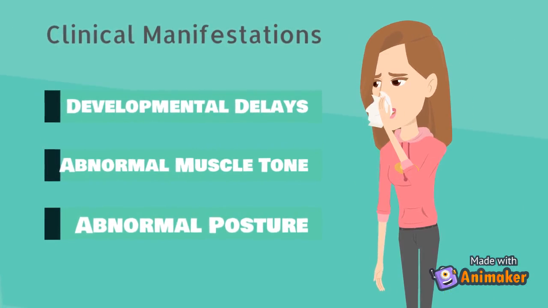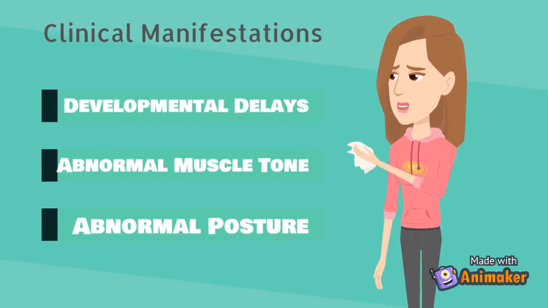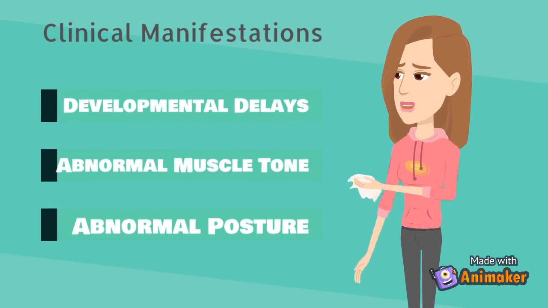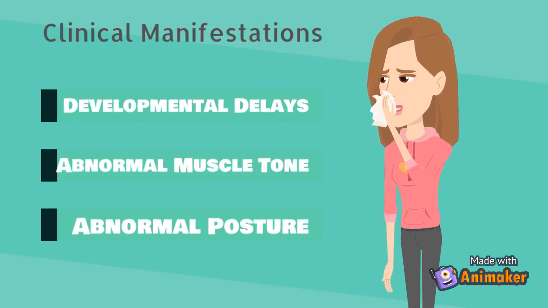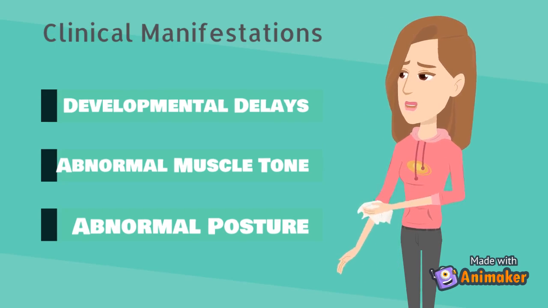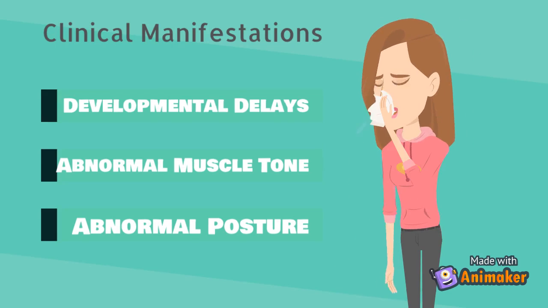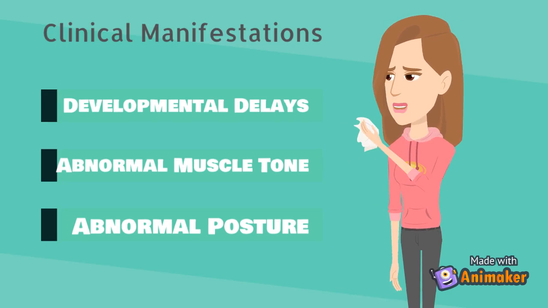Clinical manifestations. Cerebral palsy may be suspected if a baby has the following: developmental delays. This is when a child is too slow to reach the milestones, such as rolling over, sitting, crawling, or walking. And this is the number one clue that a child might have cerebral palsy.